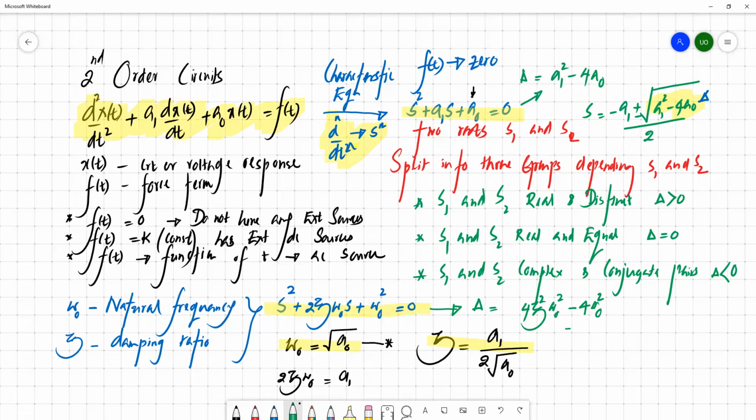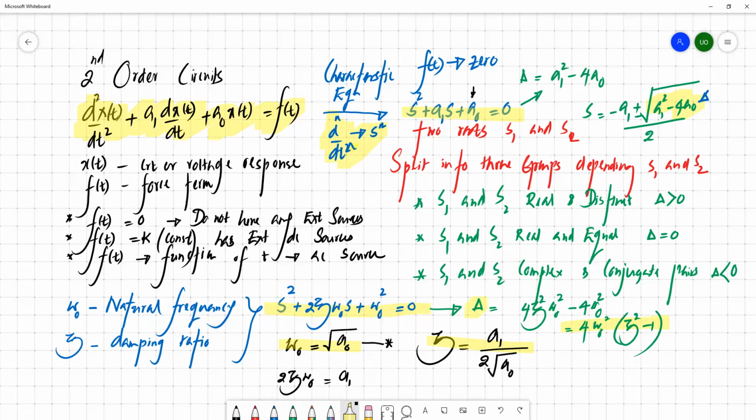From this we can take 4 omega naught squared times zeta squared minus 1. So this is the delta in the form of omega naught and zeta.